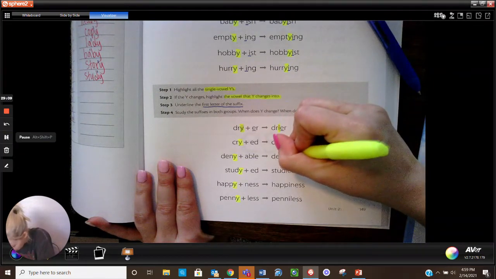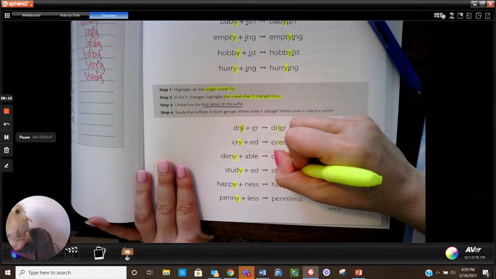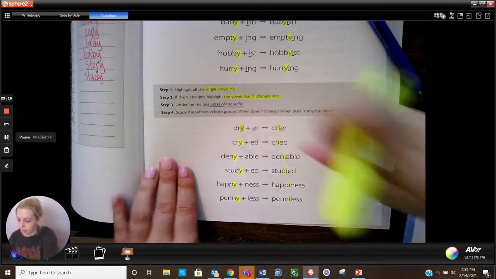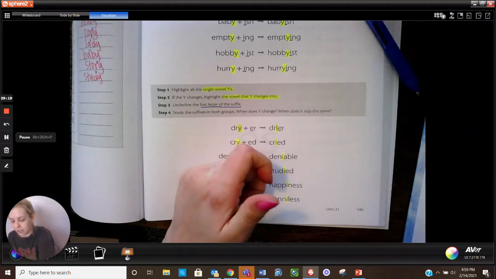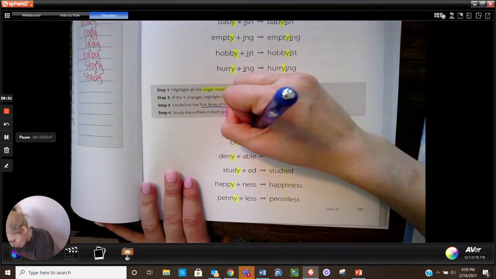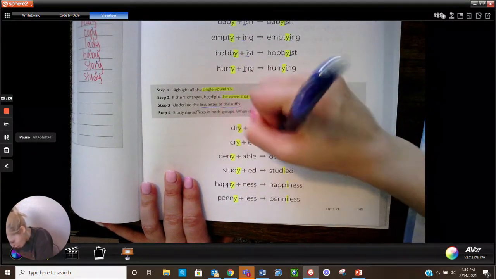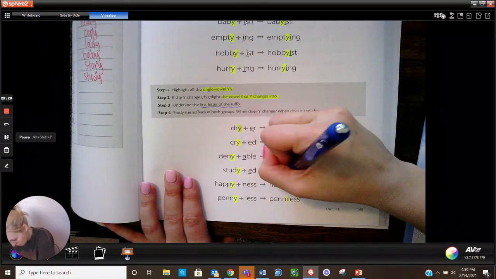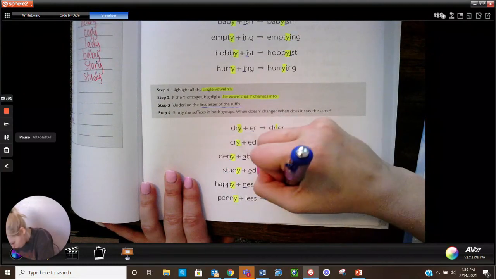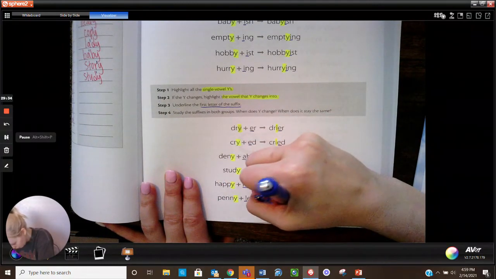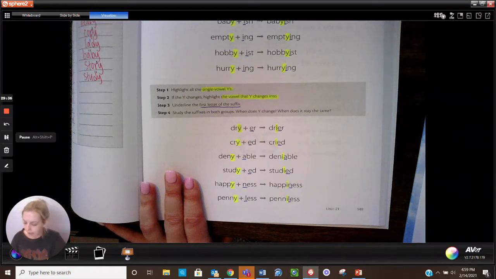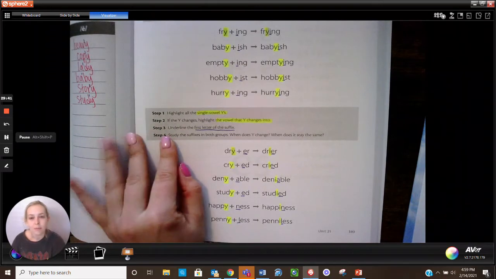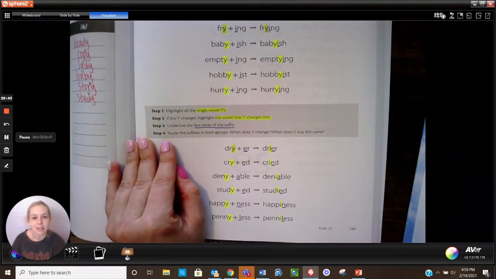Here it changed here, here, and here. All right. And now we're going to underline the first letter of the suffix. Okay. Go ahead and study these for a second. Pause the video to study them and come back when you notice something.